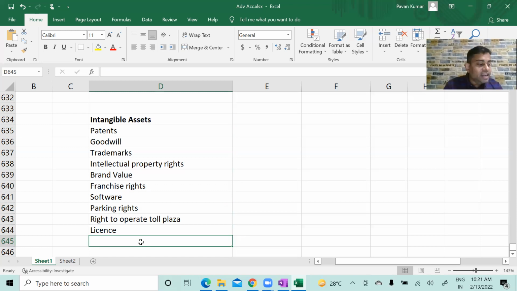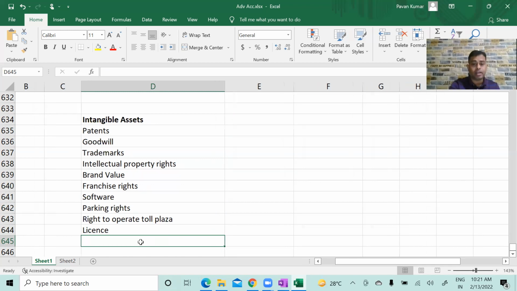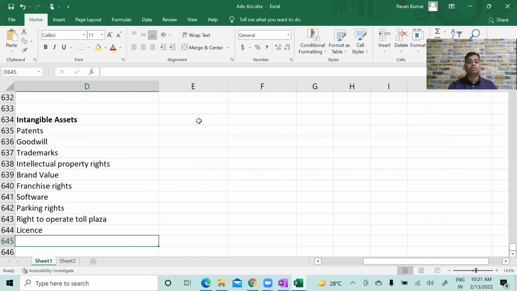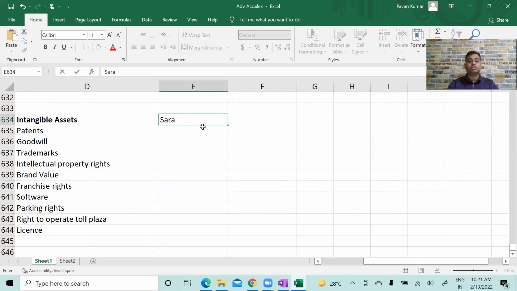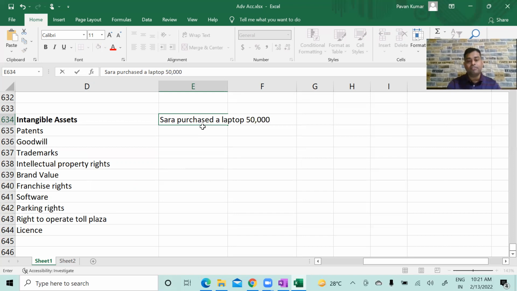Operating system, is it an intangible asset? Operating system. Yeah, intangible asset. Now you tell me one thing. I'll ask you one small question, okay? Sarah purchased a laptop. How much, tell me, cost? 45,000. 50,000.